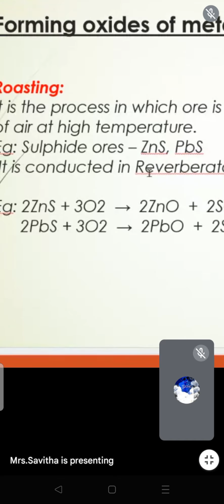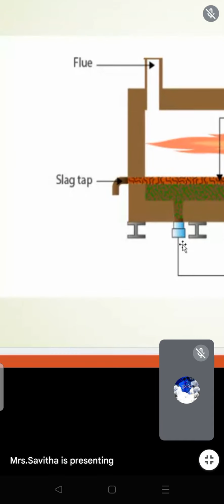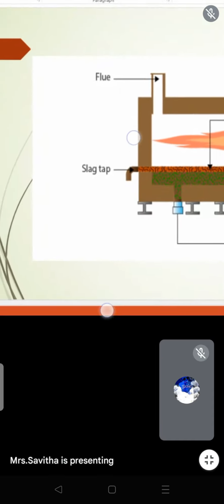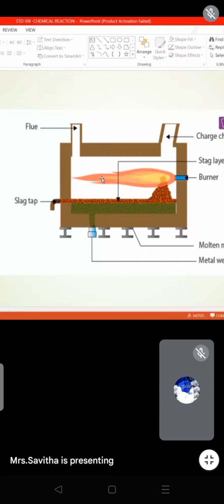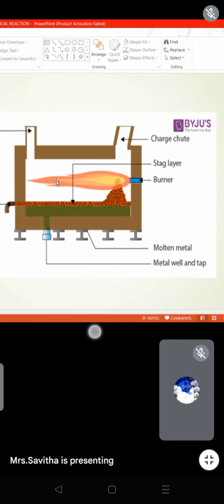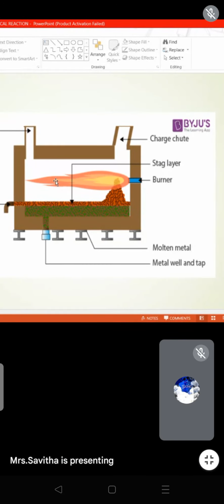And it is conducted in a furnace. What is the name of the furnace? Reverberatory furnace. What is the specific nature of this furnace? If you see the diagram, the flame which we are inserting into that furnace is directed towards the walls of the furnace.